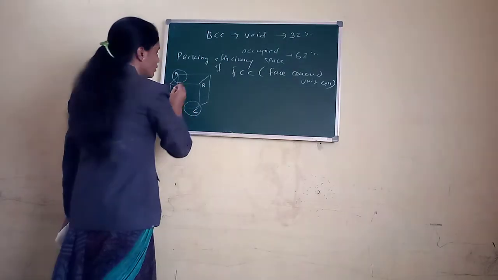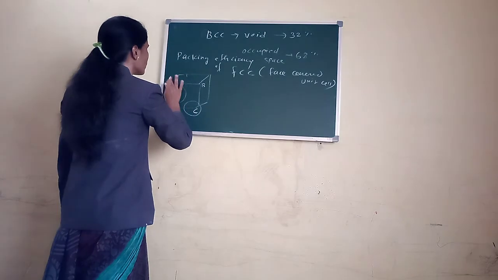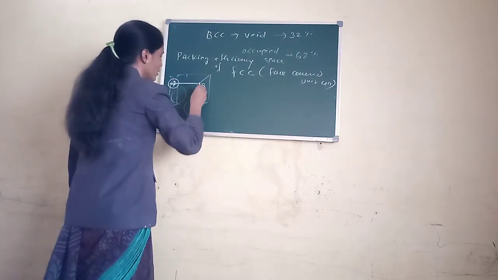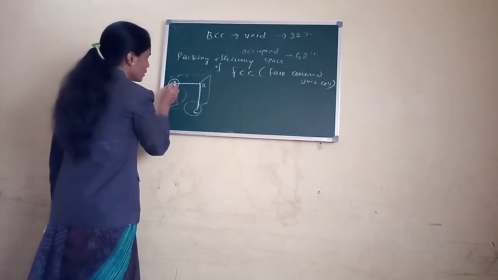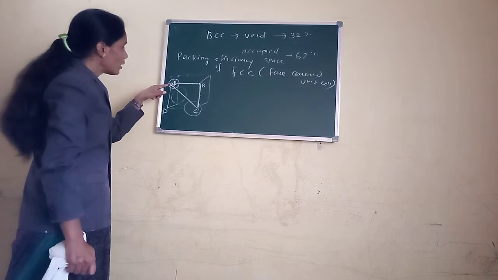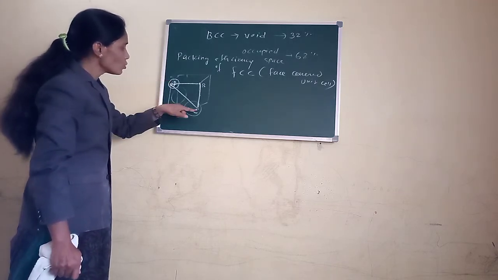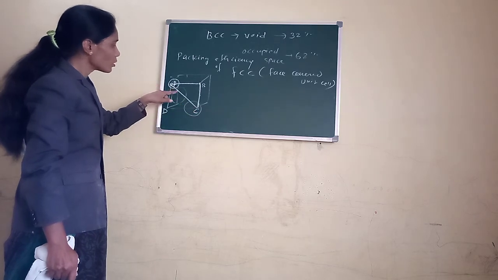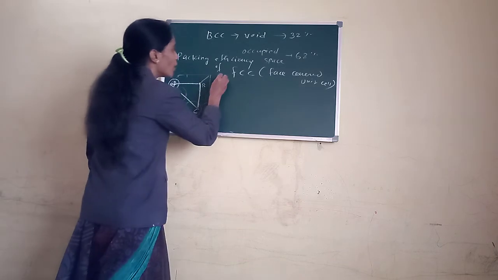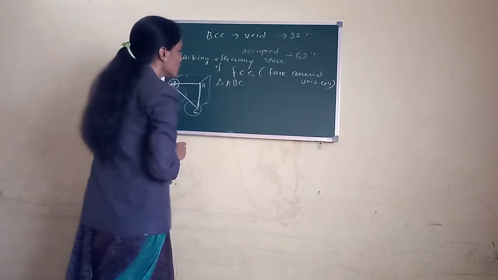The triangle A, B, C, triangle ABC, because the line passes through the sphere of corner A to C, also passing through the sphere of the face.